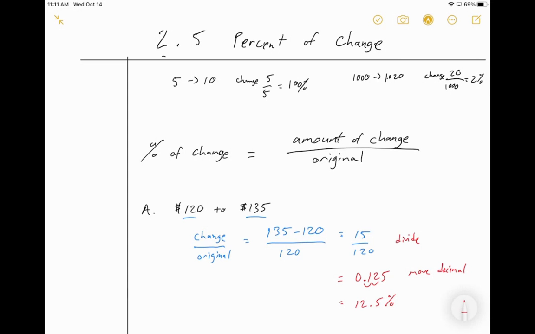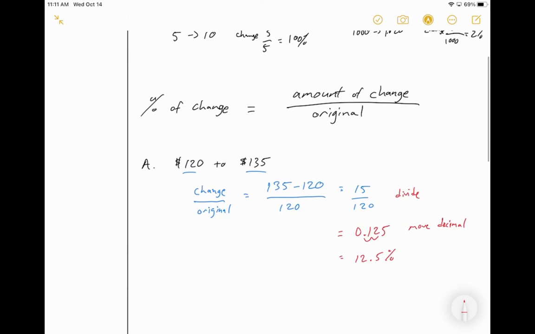You see that? I just moved the decimal 2 places to the right. Remember, we haven't done this in a while, or some of you have, depending on which method you've been using for the last couple lessons. 12.5%. Does that make sense?